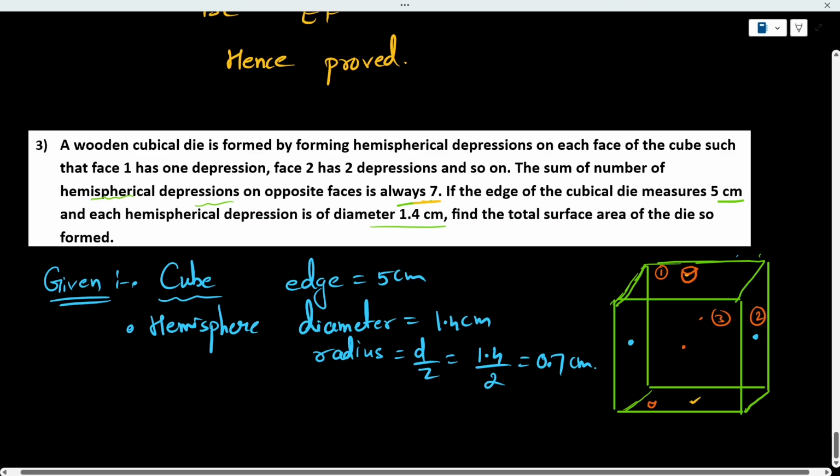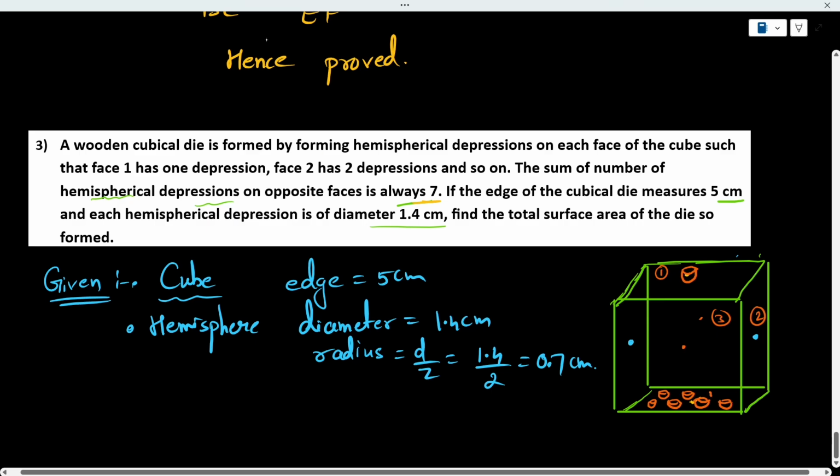How many hemispherical depressions are there here? This is just a rough figure to understand. There are going to be 6. Why will there be 6? Because altogether there always have to be 7 hemispheres. So 1 is at the top, and the bottom is going to be 6, because the total is 7.